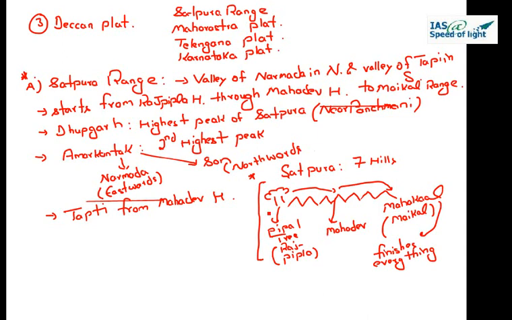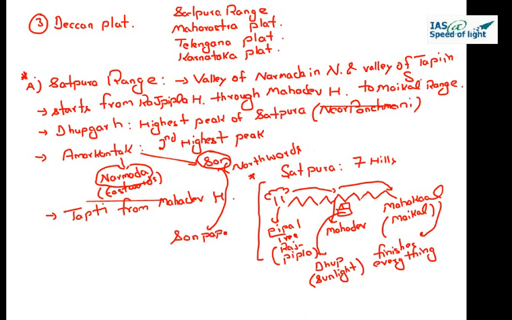Now your home is somewhere around here. And because of these seven hills, you don't get any dhoop. Dhoop is sunlight. So the highest peak is Dhoopgarh. Right. Amarkantak we have already linked with the origin of Narmada, so origin of Son also. Son was Son Papdi, which is also made up of Kante.